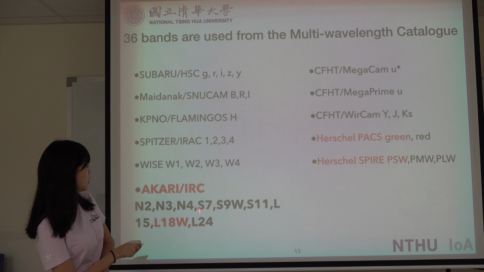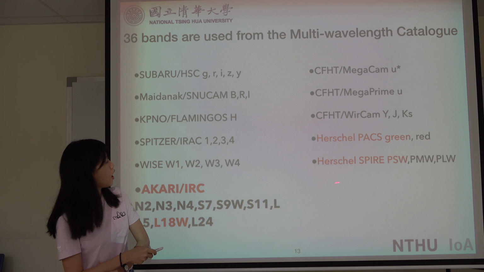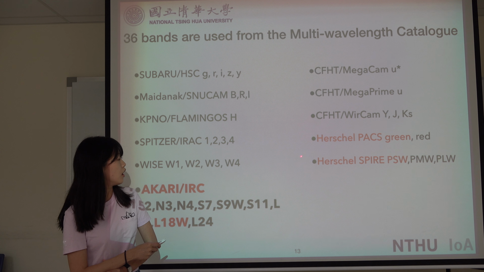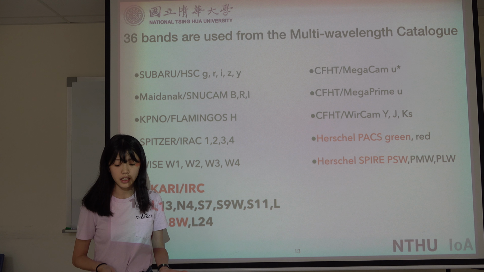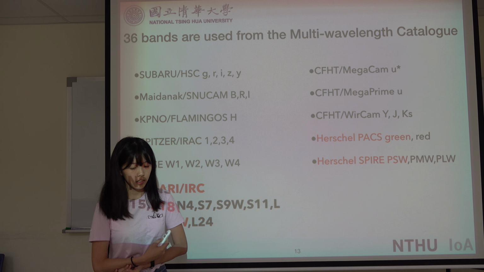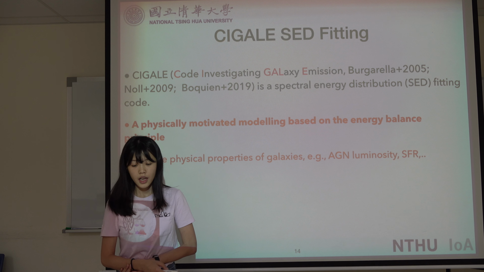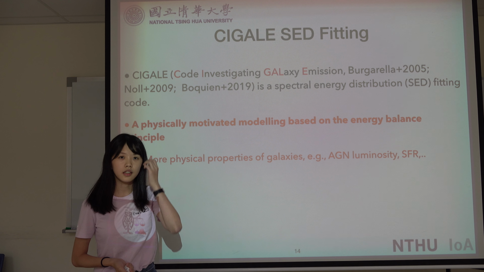Also, we have the most important AKARI IRC data. Because of the SED fitting technique we use, we require all the sources to have Herschel PACS or SPIRE detection to make the SED fitting better. And the technique we use is CIGALE.